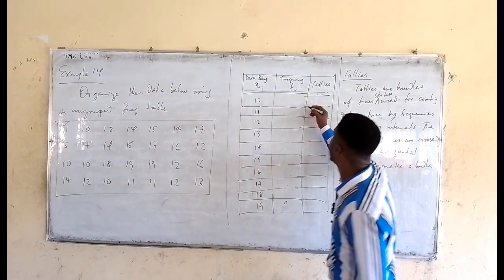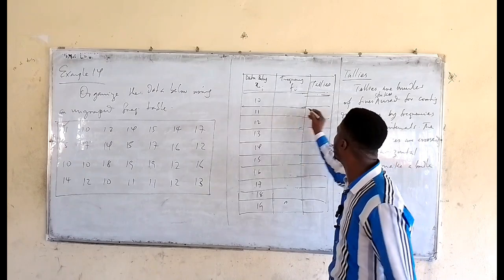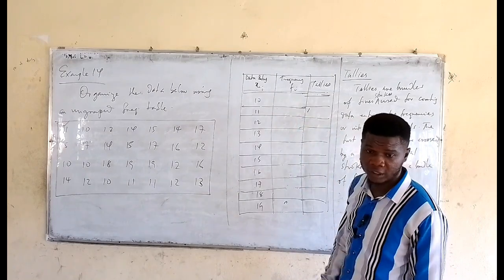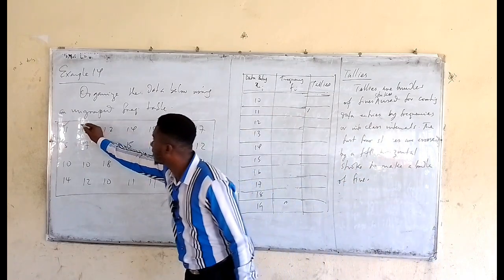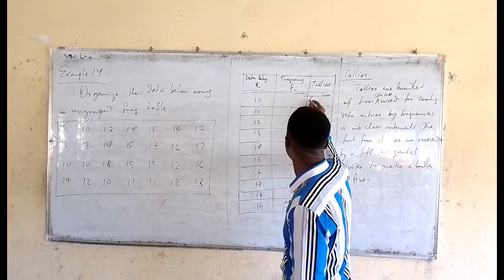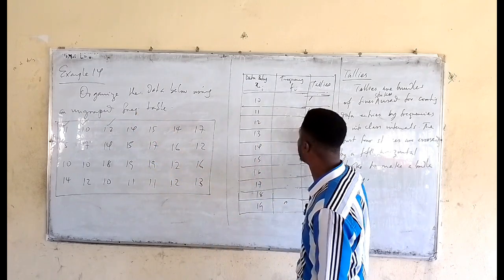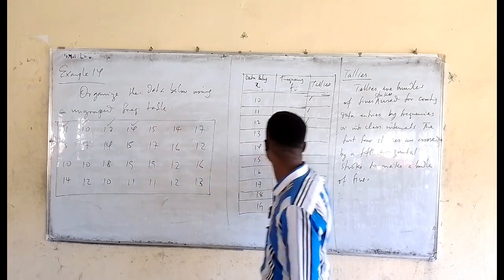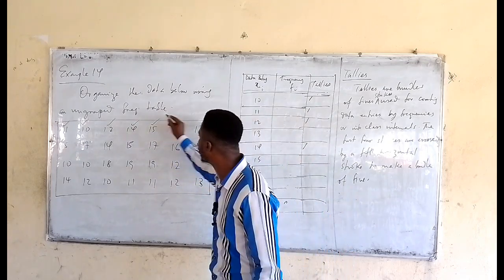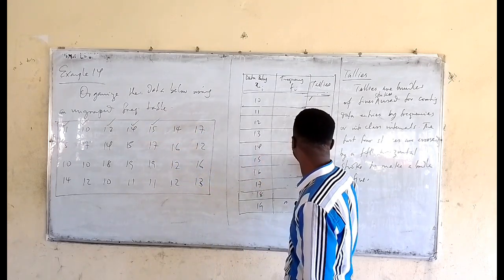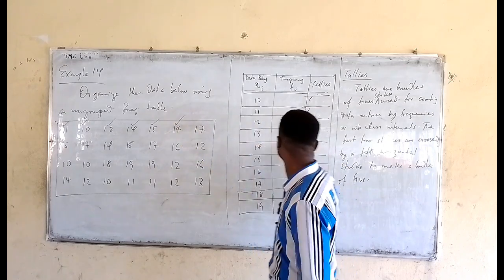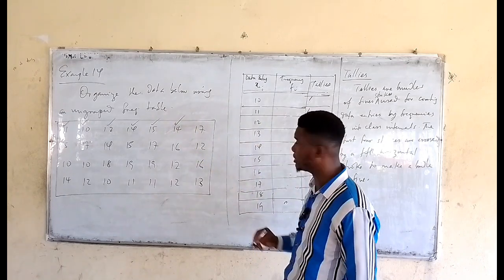11, I will put a stroke here, 1. Okay? 10, I'll put 1 stroke. 12, 1 stroke. 14, 1 stroke. 15, 1 stroke. 14 again, the second stroke. You see it?